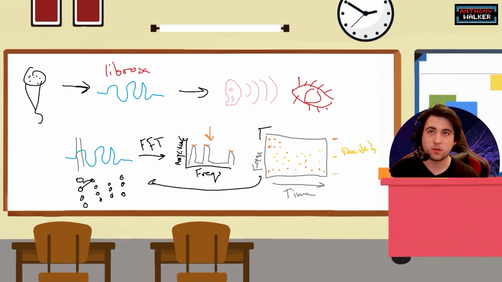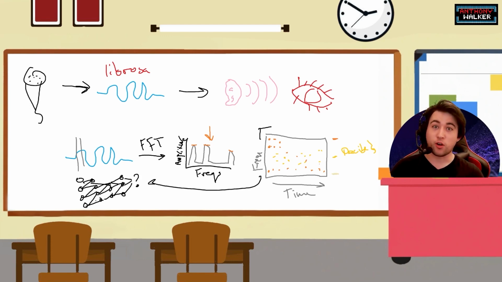So we're going to put together our convolutional neural network, feed in our spectrograms, which are converted audio waveforms, and out of this we will get our prediction of whether or not this is a gunshot, our crime detector.